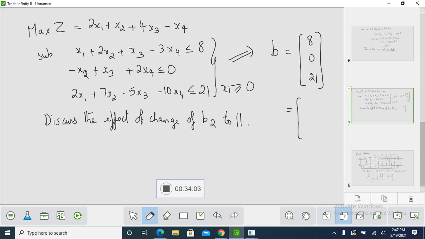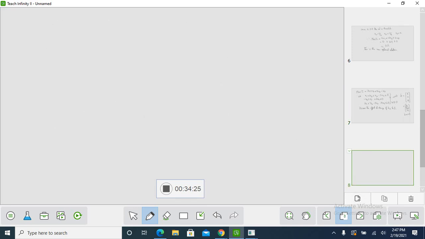This is my B1, B2 and B3. Now what is the question asking you to do? Change the B2. I should put B2 equal to 11. So what will happen to my new B? 8, 11, 21. So maybe we can come here.